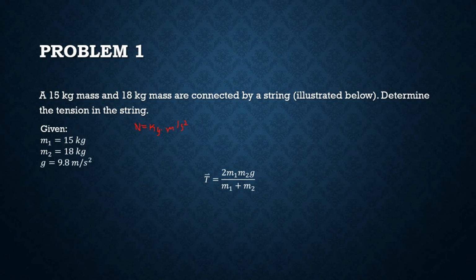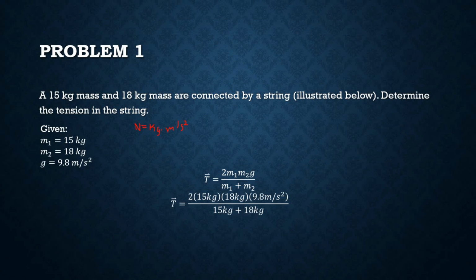So now we substitute all the variables with the given, using the formula as I said earlier. So the equation will now look like this, which is 2 times 15 kilograms times 18 kilograms times 9.8 meters per second squared all over 15 kilograms plus 18 kilograms.